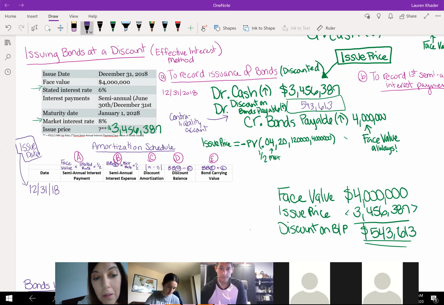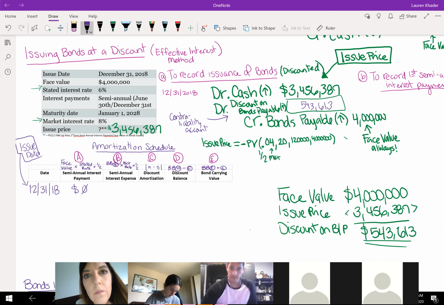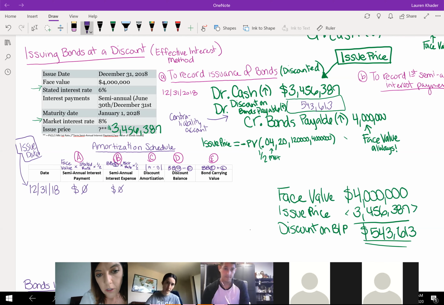No. So we're just going to say 0. When we issue the bonds, we receive the issue price. We don't pay out any interest yet, so we haven't incurred any interest. Our interest expense is also 0. And since we don't pay interest, nor have interest expense recorded, our discount amortization when we issue the bonds is 0.